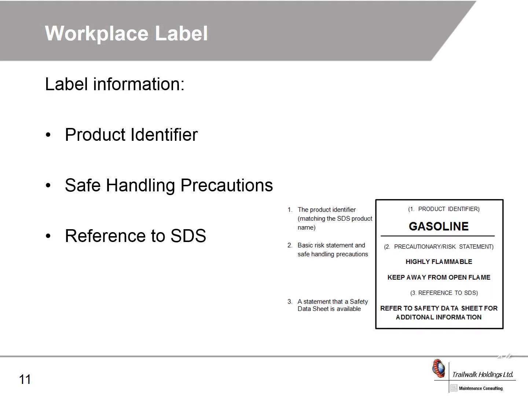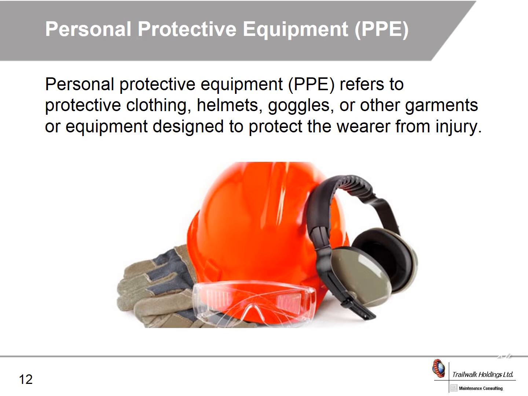Label information includes product identifier, safe handling precautions, and reference to the SDS. Personal protective equipment, PPE, refers to protective clothing, helmets, goggles, or other garments or equipment designed to protect the wearer from injury. The hazards addressed by protective equipment include physical, electrical, heat, chemical, biohazard, and airborne particulate matter.